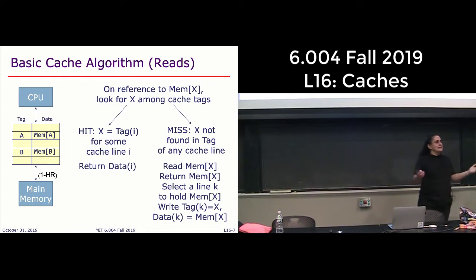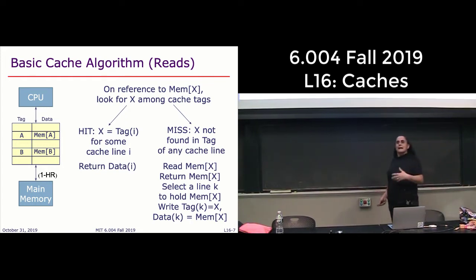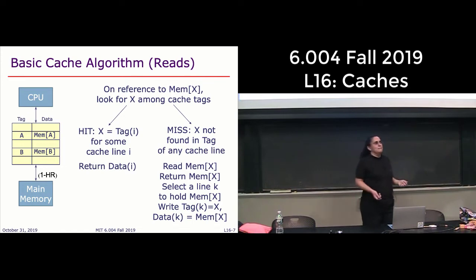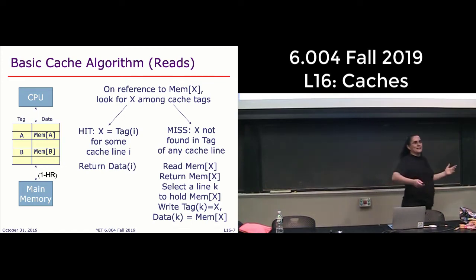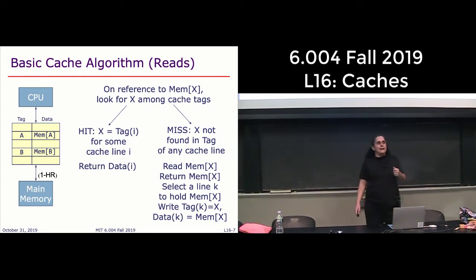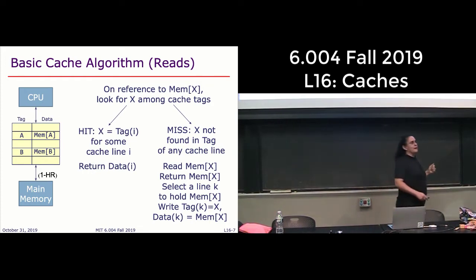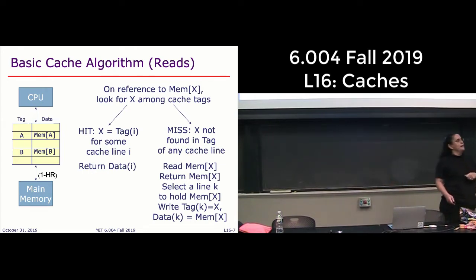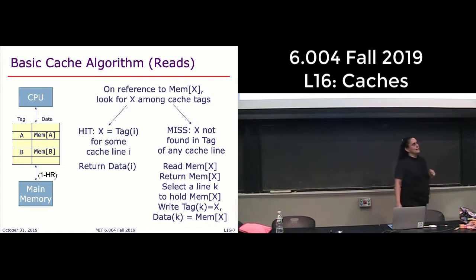Well, generally, after we've been running for a little while, our caches are always full, because we want to be using them, and so we're filling them up. And so in order to bring something into my cache, I have to take something out of my cache. So on a miss, not only am I fetching something from main memory, I'm also deciding which line in my cache I'm going to take out so that I can bring this new line that I just fetched from main memory into my cache. And we're going to see a lot of detail about that in today's lecture.